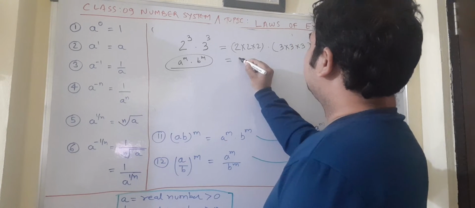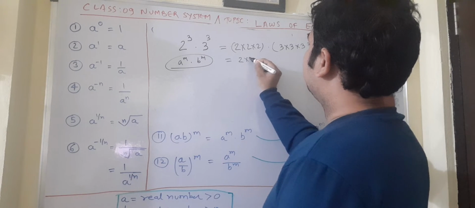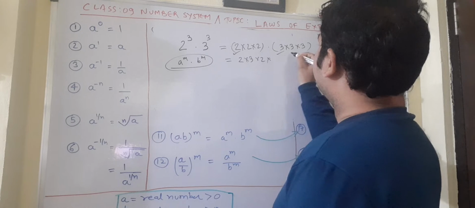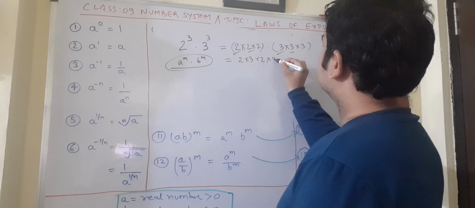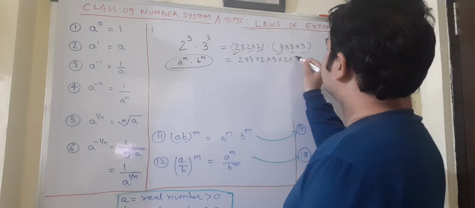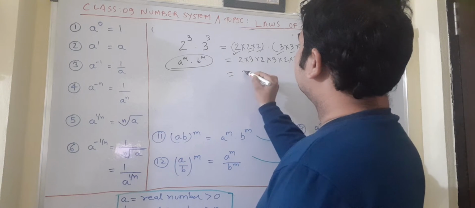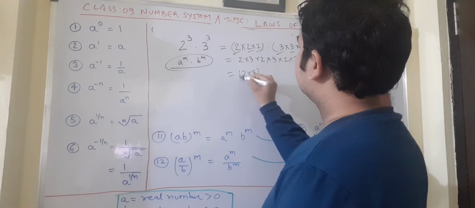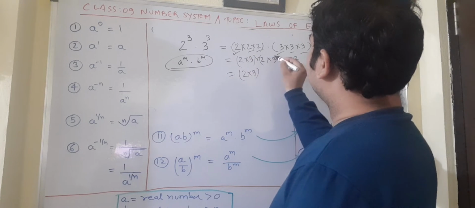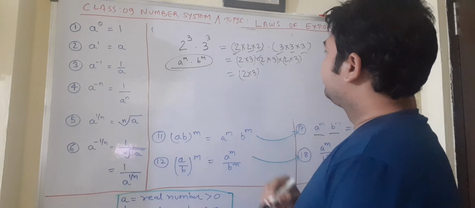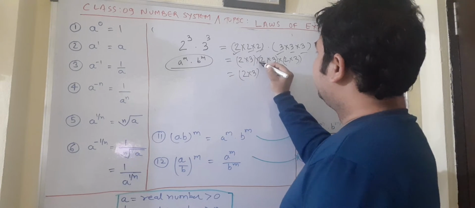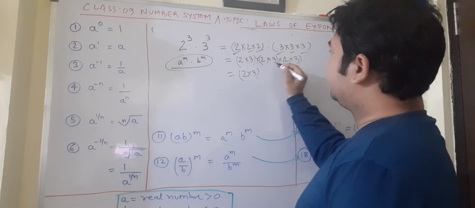You can rearrange 2 into 3, into 2 into 3, into what is left, 2 into 3. So 2 into 3 is repeating 3 times, and each time it has a multiplication in between.